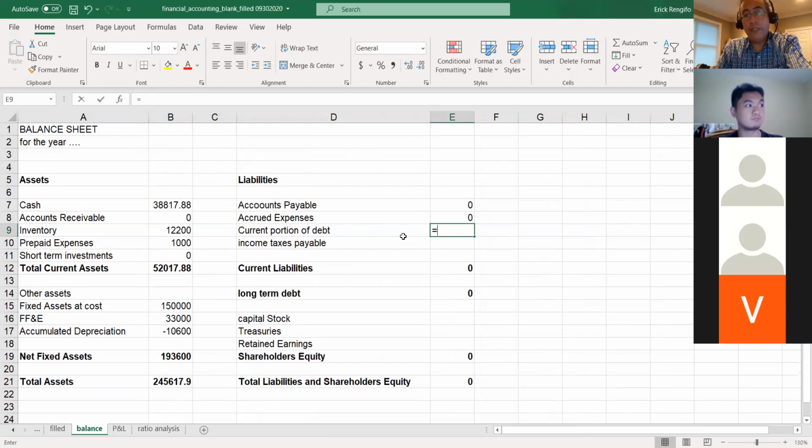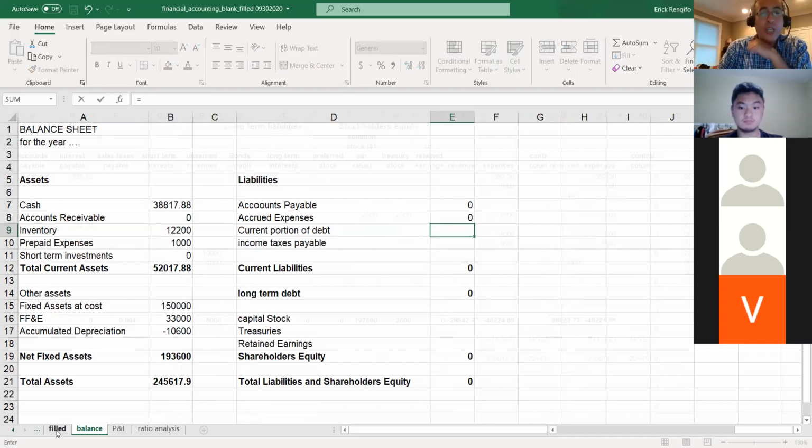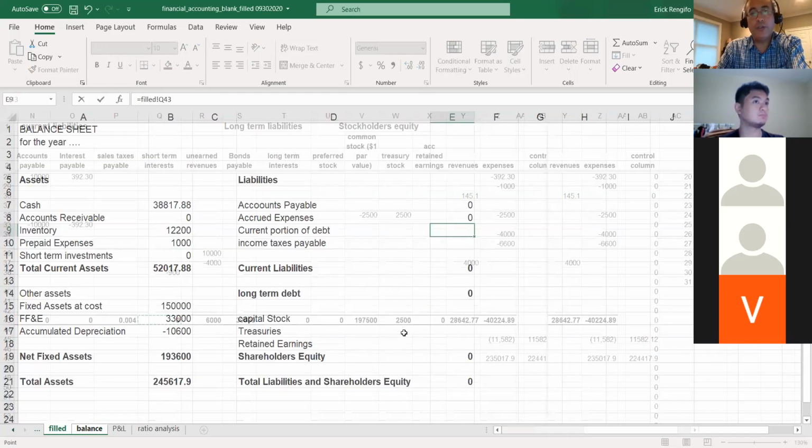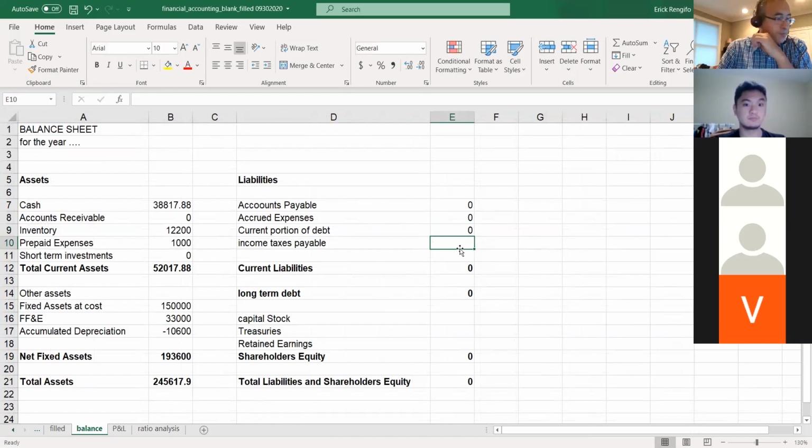Current portion of debt. Remember, we had a bond. So, what is that? Here. Current portion of debt, short-term interest. Well, in this case, we have 0. Then we have income tax payable.